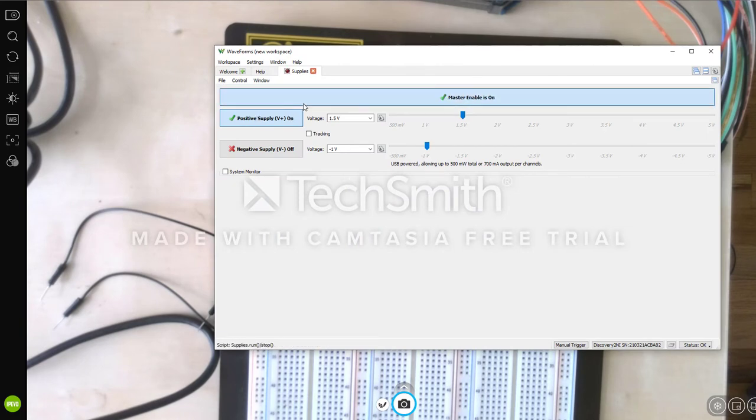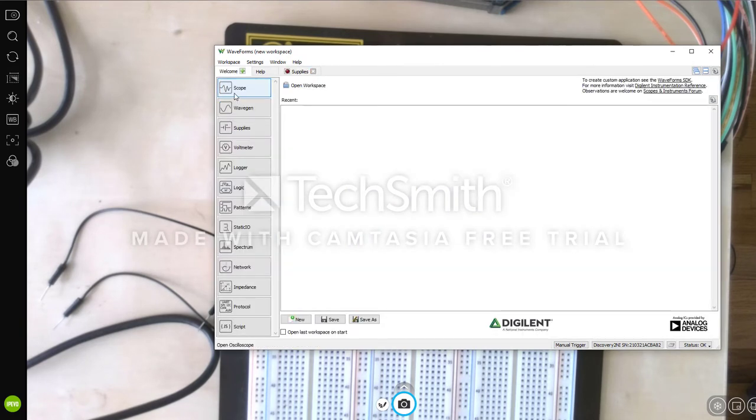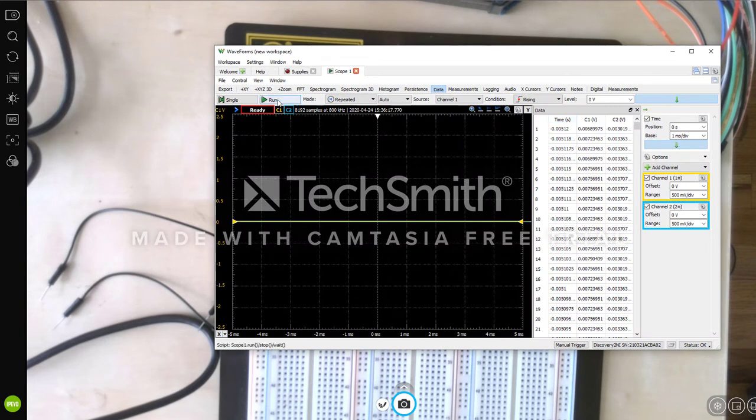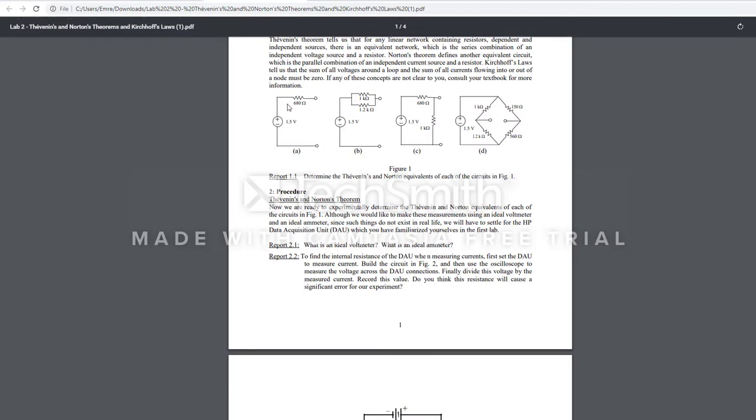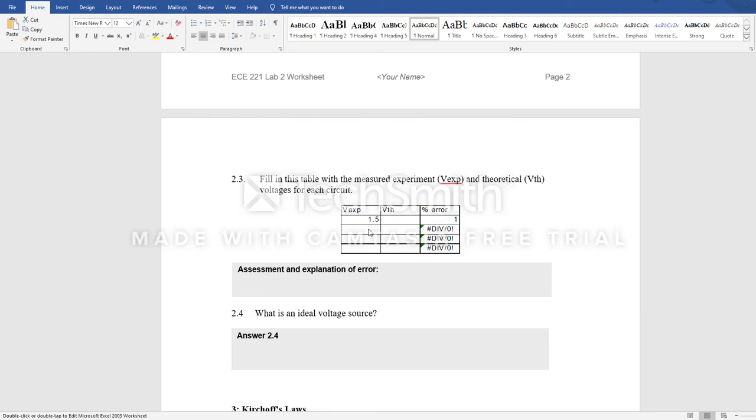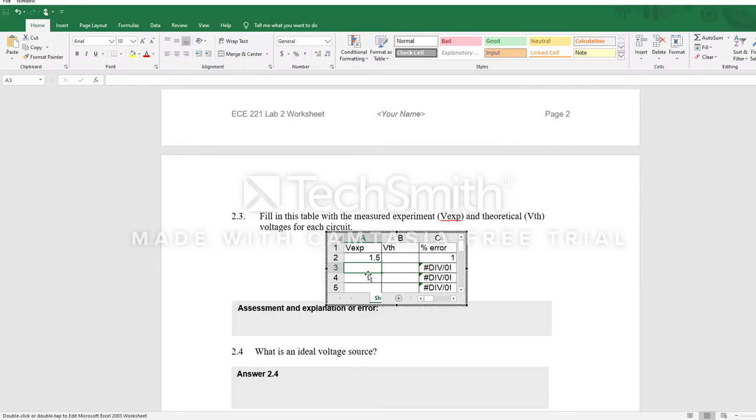Now let's enable our DC voltage and again measure the voltage. It's again 1.5, which is expected, given the circuit. It's pretty much the same, only the resistance value is different. The voltage value is the same. So let's record this as well.